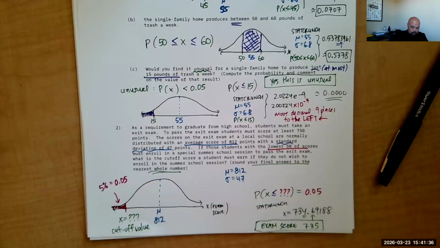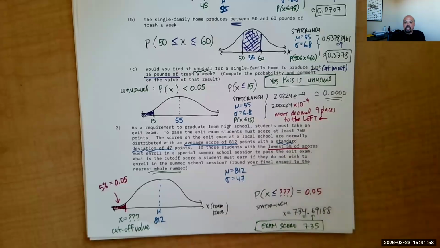These students who do not want to take that summer school session need to score higher than 735. Otherwise, if they get below 735, they're going to have to take that summer school session to make sure they can pass that exit exam on their next try.